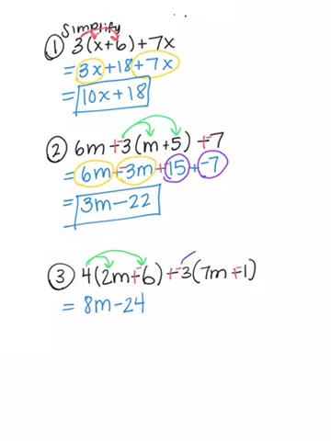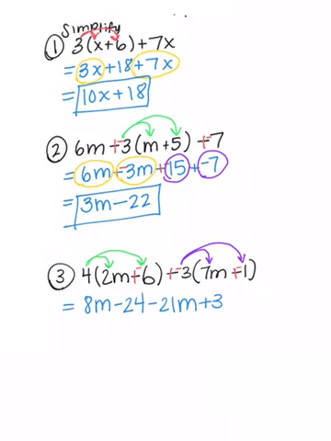So that negative 3 has to get distributed to 7m and also to negative 1. So negative 3 times positive 7 would give you a negative 21, and that's going to have an m with it. And then negative 3 times negative 1, remember a negative times a negative becomes a positive, so that's going to become positive 3. So now I need to find and mark my like terms.